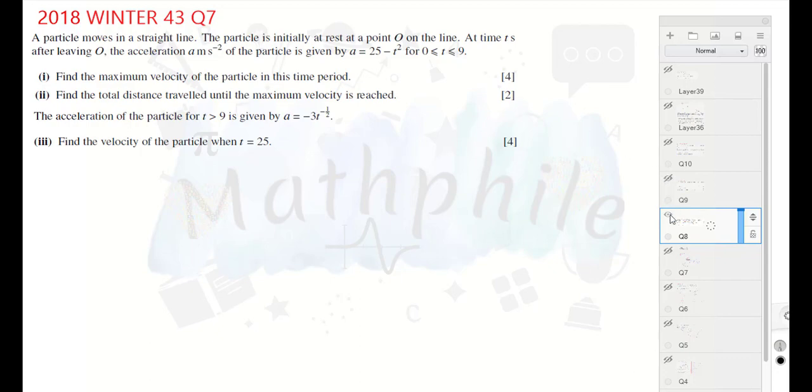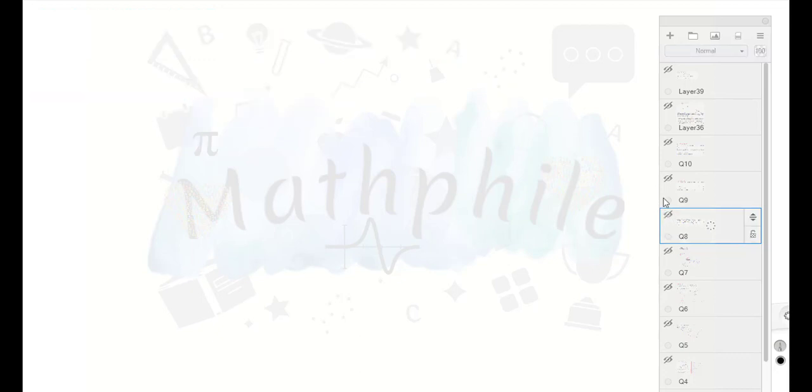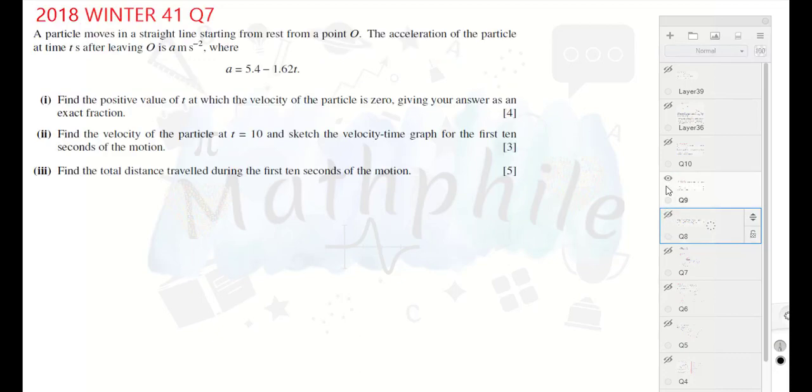Just write here the question number and the variant 4-3. Everything in red, just write it. It's going to guide you. So the next question, question 9, is from winter. I've taken the picture already.